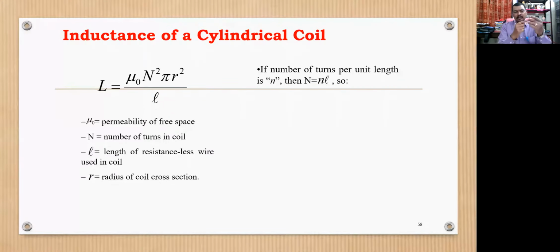So this circle will give you the radius of that cross section. That comes under this formula, L equal to mu 0 N square pi r square by l.